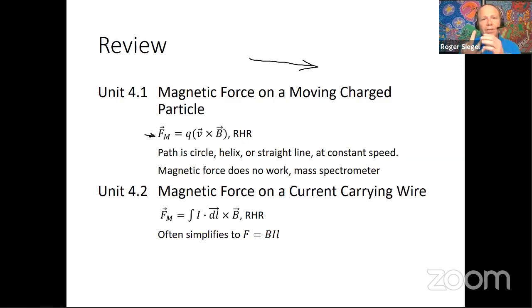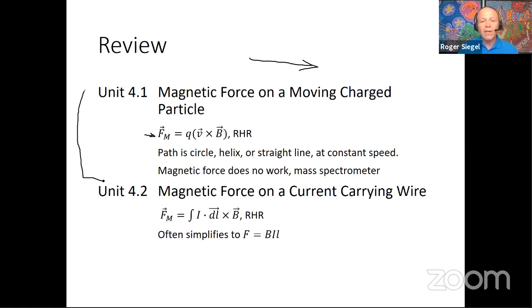It can go in a straight line at a constant speed, without curving one way or another. It can go in a helix, a spiral, at a constant speed. Or it could go in a circle at a constant speed. Since none of these motions change the speed of the particle, the magnetic force does no work on the charged particle. That's what we did on Wednesday.